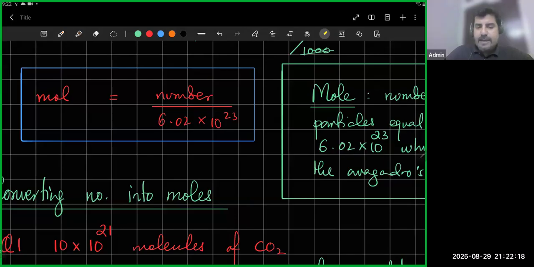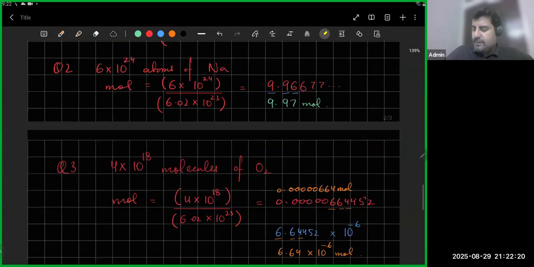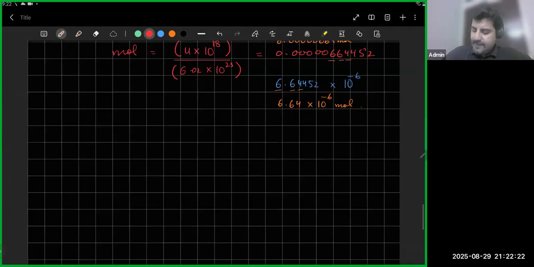you multiply moles by the Avogadro's number. So we're going to do just one exercise on that, which is to convert moles back to number of particles, or the number.